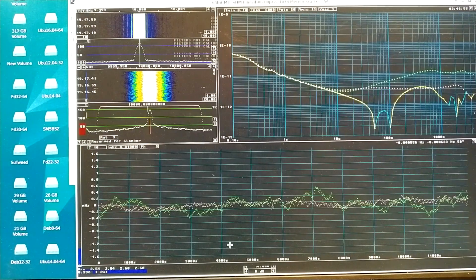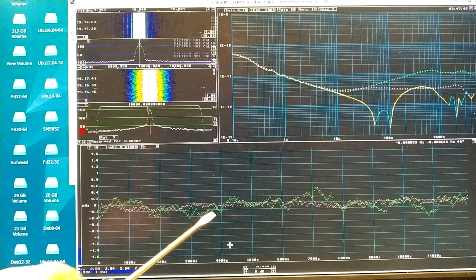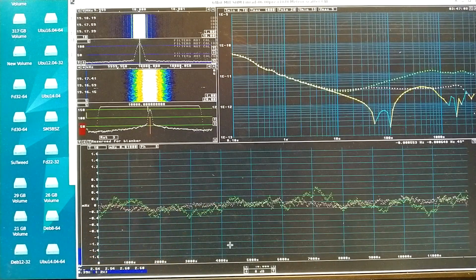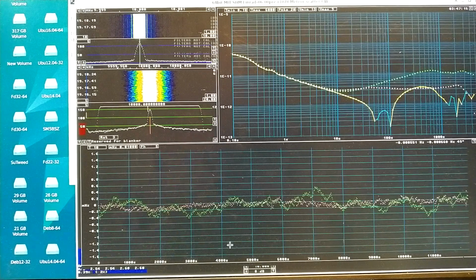The feedback resistor is 44 kilo ohms in both channels now. It's not as bad as it was before, but it's not so good either in channel 1, the green trace. I will save this and then make a run with a smaller resistor.